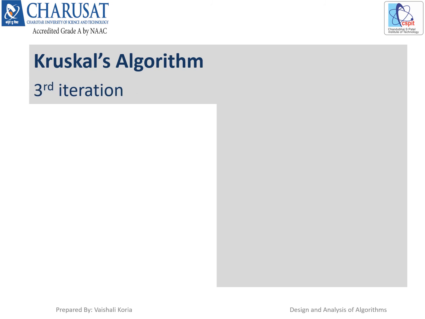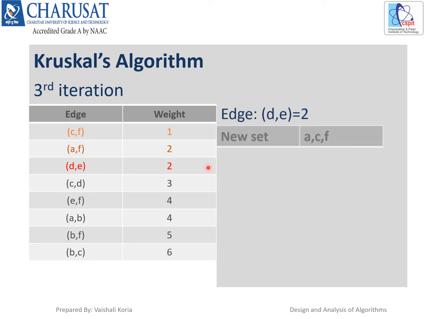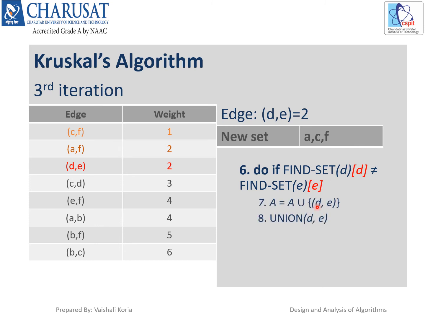Now in the third iteration we have to take the next edge DE with the weight 2. The same way, we check the representative sets of D and E. The set of D is D and the set of E is E. Both are different, so we have to add that edge DE into the solution set, and after adding it to the solution set we have to call the union operation.